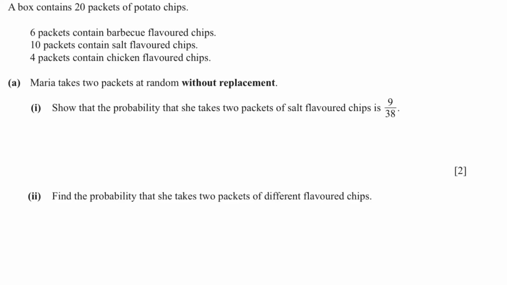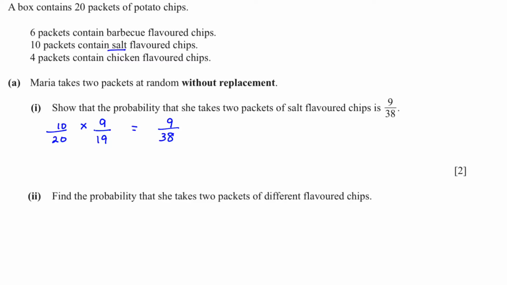The first probability that she takes a salt flavored chip is 10/20. Because she takes one salt flavored chip, now the number of salt flavored chip packets is less. They are 9 now. And also the total number of packets has been reduced. There were 20 packets. She has already taken one, so now there are 19 packets remaining. And that is how we get 9/38.